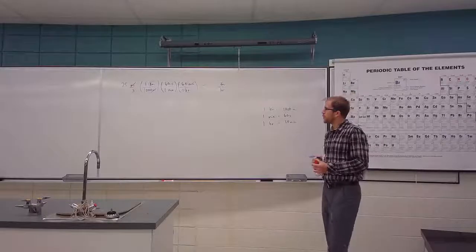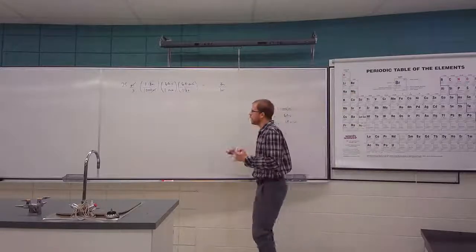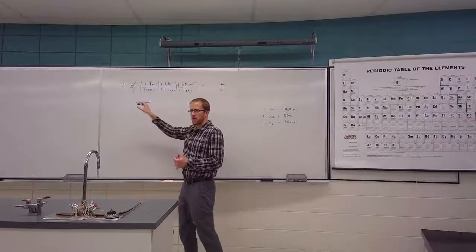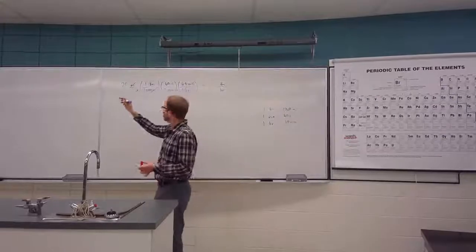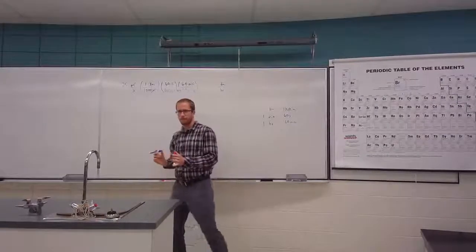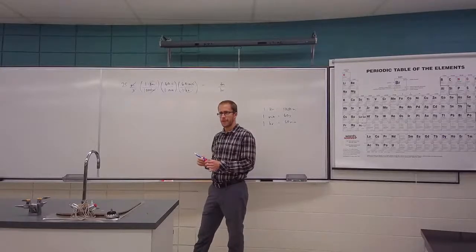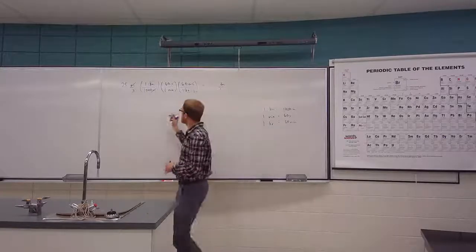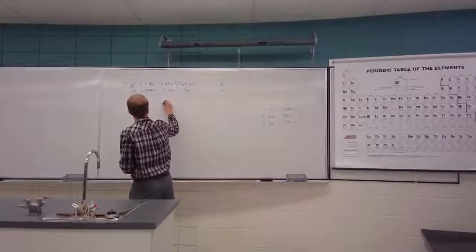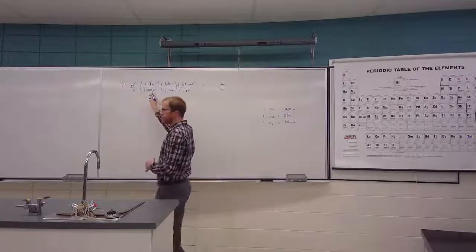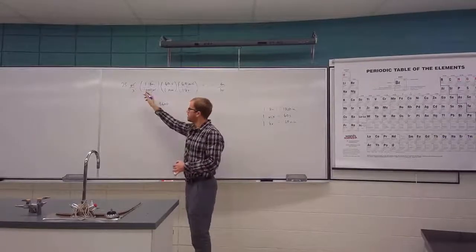Now, this looks super crazy and complicated, but in essence, what did I do here? What's 60 times 60? 3,600, good job. And what did I do for my denominator?